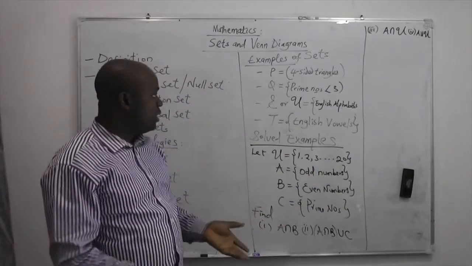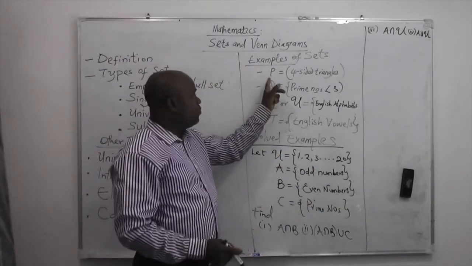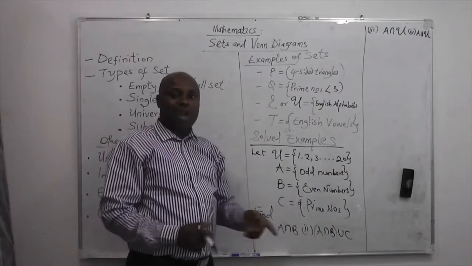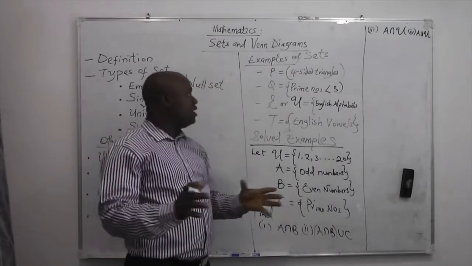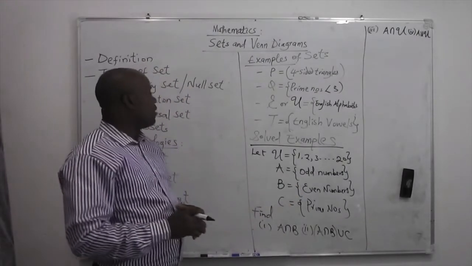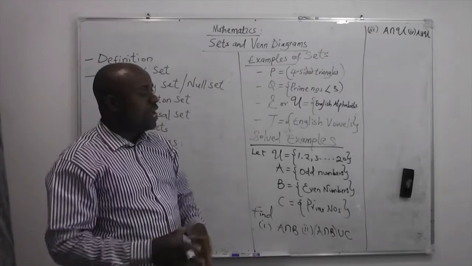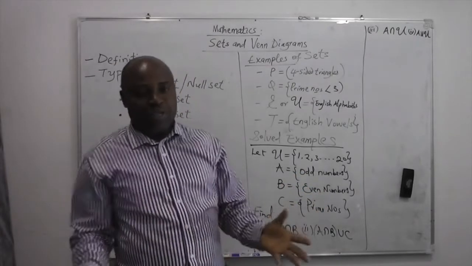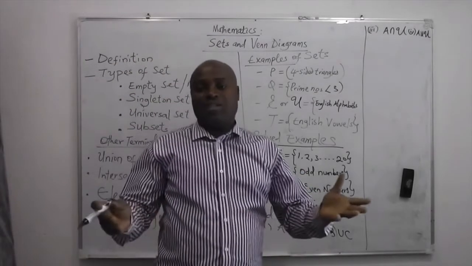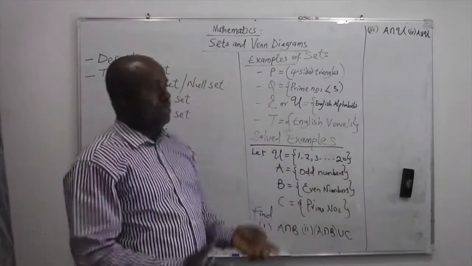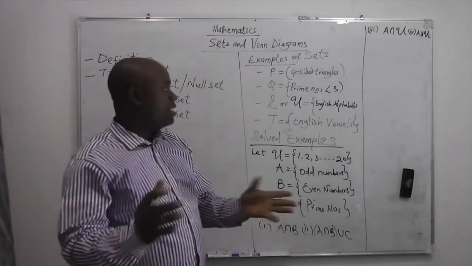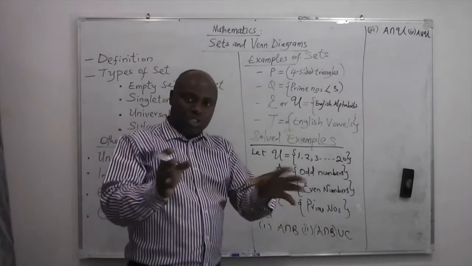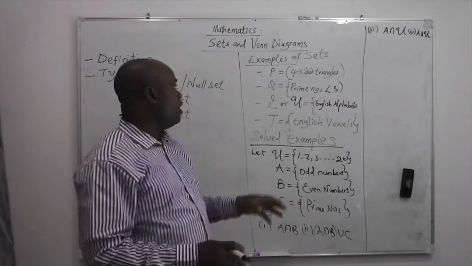It's not a possibility. So this set P equal to four-sided triangle invariably is an empty set. We also have other examples of empty sets, things that are not possible. For example, human beings with 4 legs, a 4-legged human being. All those examples that are absurd, that don't make sense, that are not possible, are empty sets.